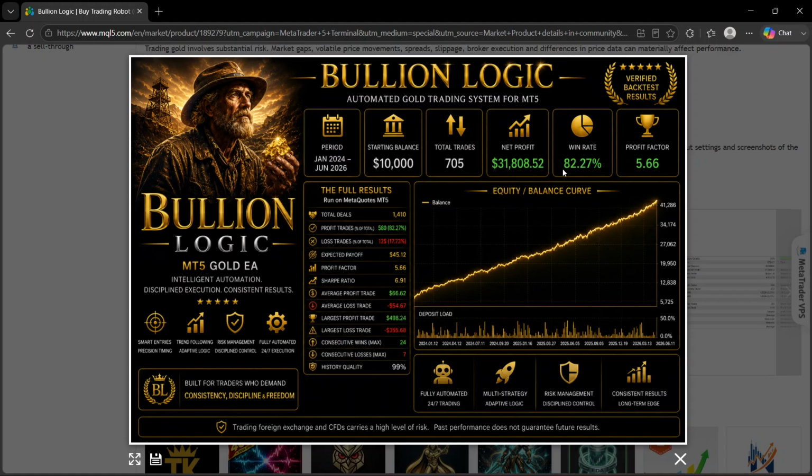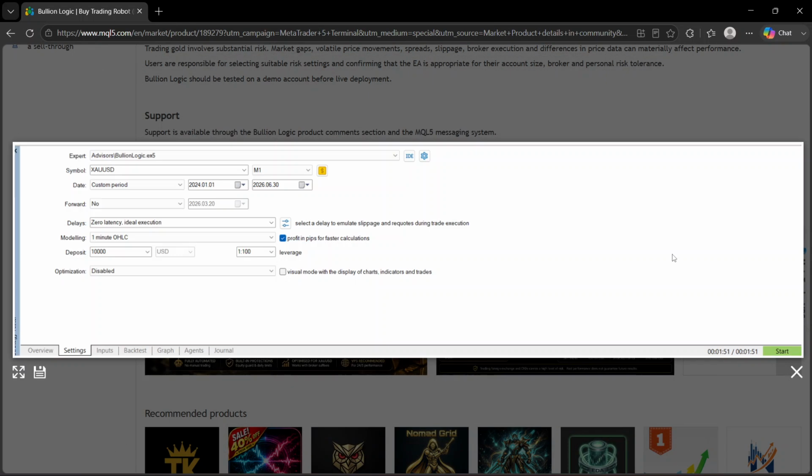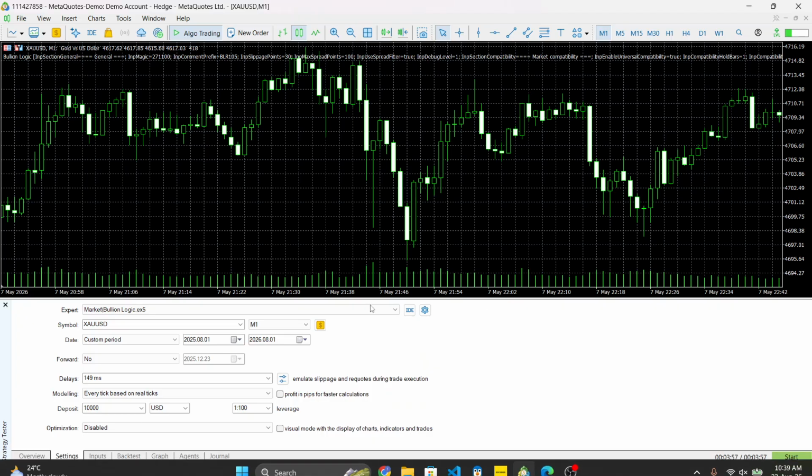That has a win rate of 82.27 and a profit factor of 5.66. Now, keep this in mind as we're going to compare it with my own results. This is the same gold USD M1 time frame, everything they mentioned before. Let's move over to my results.